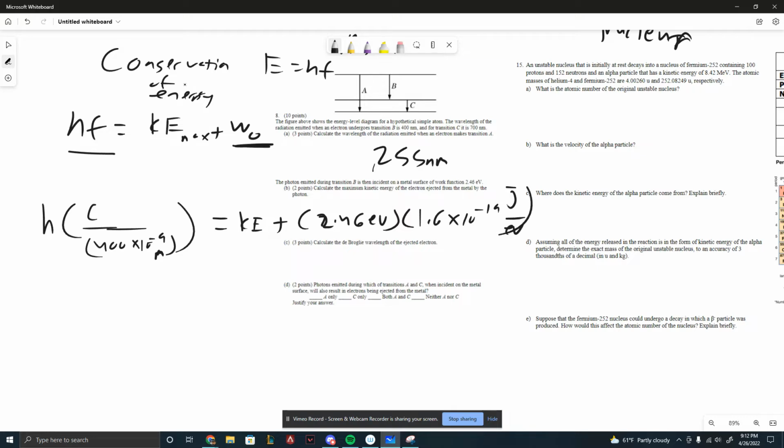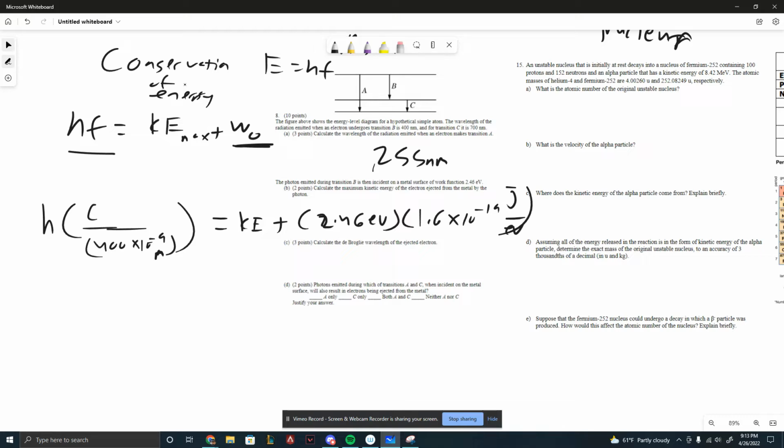So in this case, the kinetic energy that we are going to get is going to be... I'm sorry about that, I have it written down in the wrong place.